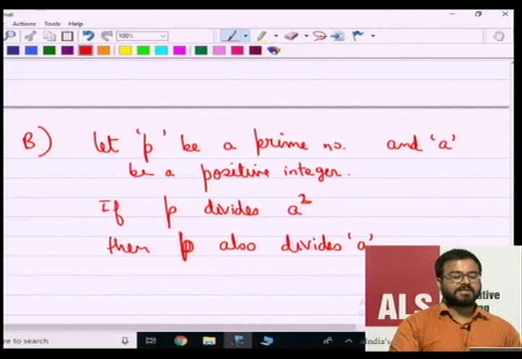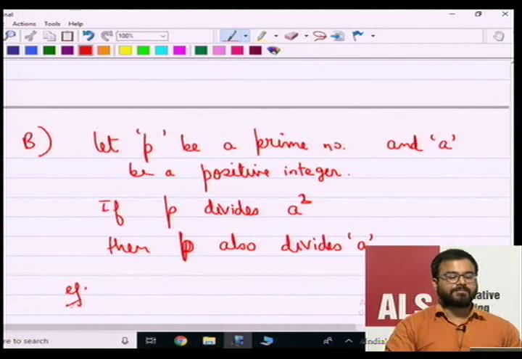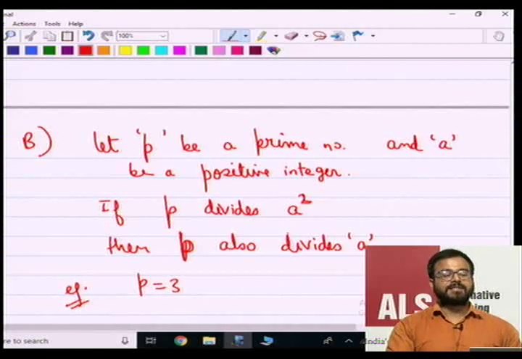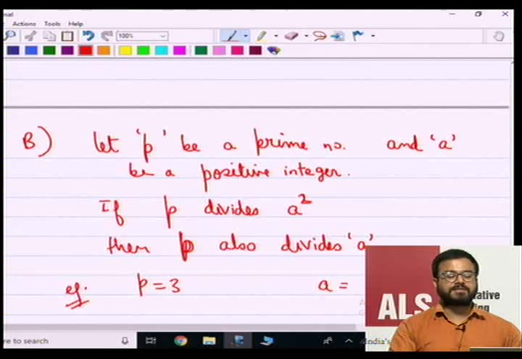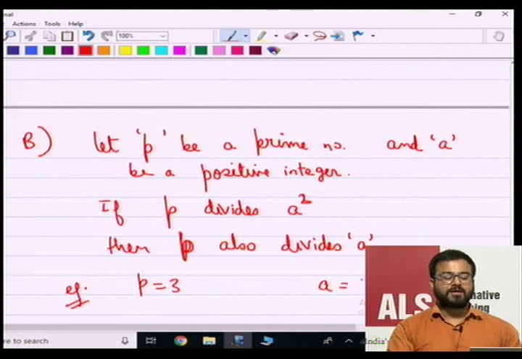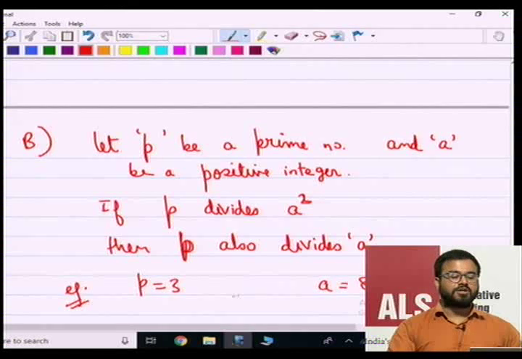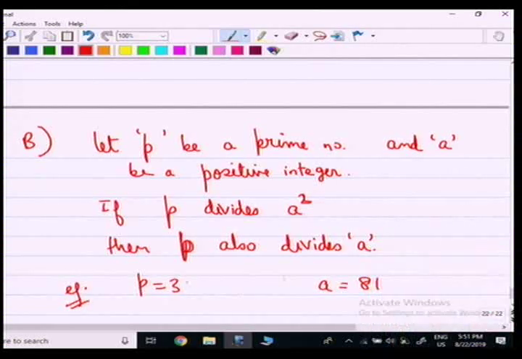To understand this with the help of an example, suppose the prime number P is equal to 3, and let's say A square is a perfect square, we can take 81. So here P divides A square.